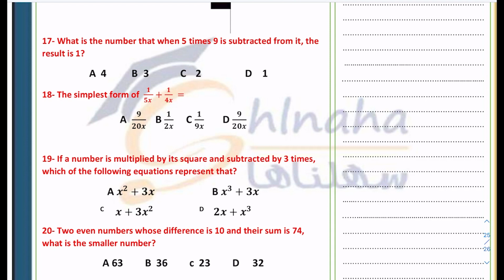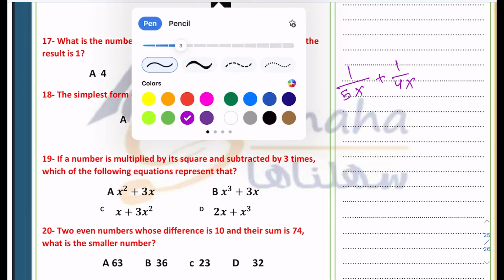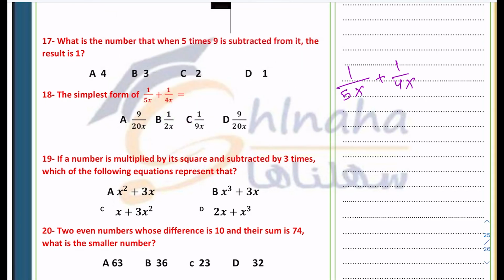The simplest form of 1 over 5x plus 1 over 4x equals. Now, I have to add both of them. I told you before, in adding and subtracting, we must have the same denominator. Already I have x and x. X and x are the same. So if I have 5, I should multiply here by 4, and here I should multiply by 4.